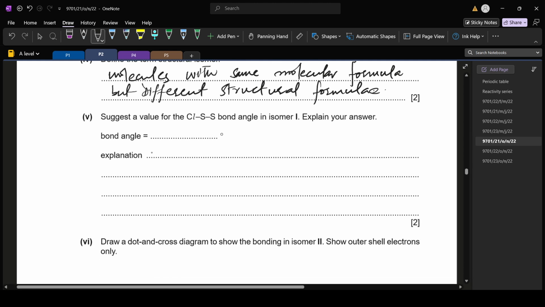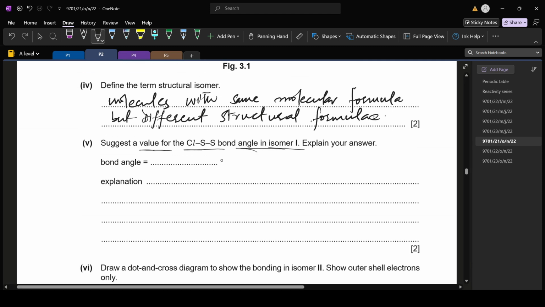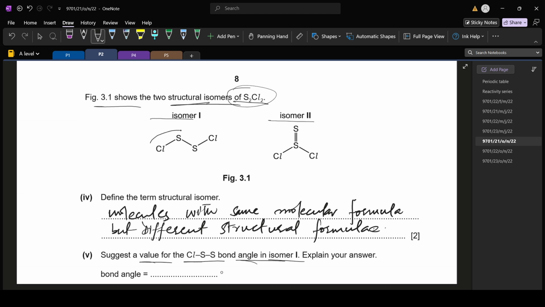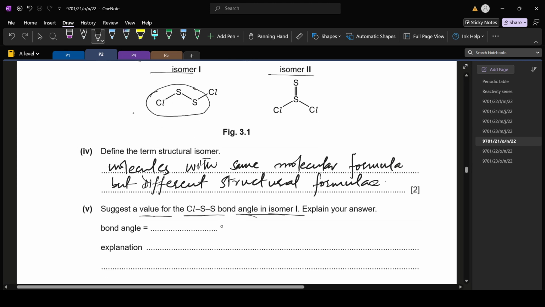Moving towards the next part: suggest a value for the ClSS bond angle in isomer 1. This is asking for the bond angle of this part. Let's redraw this.